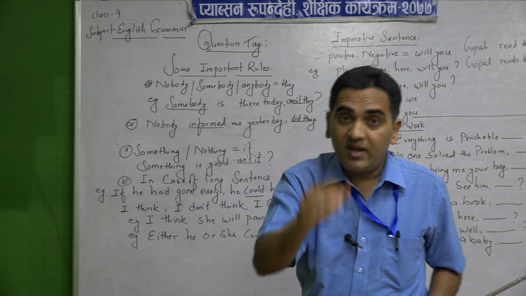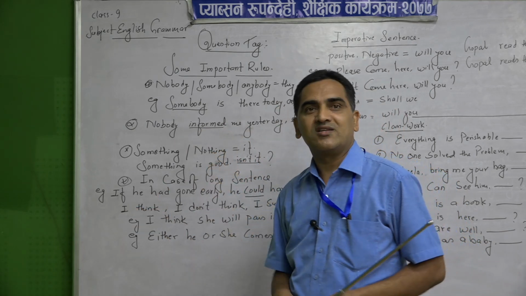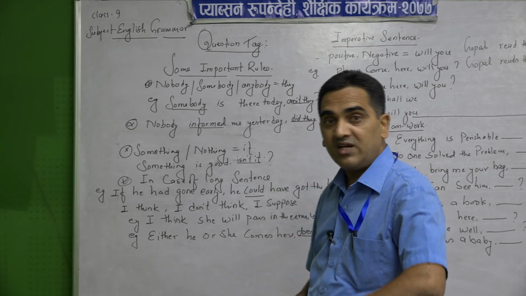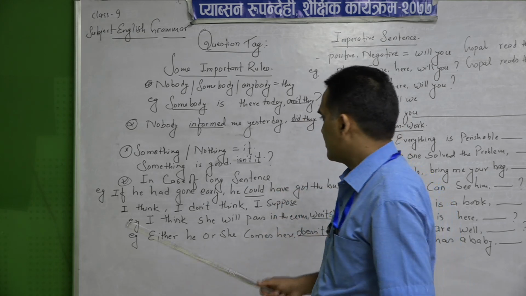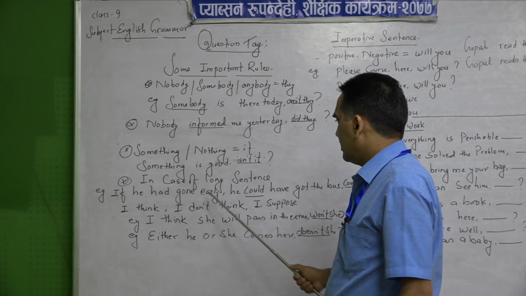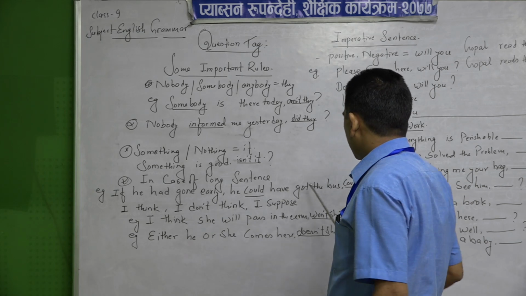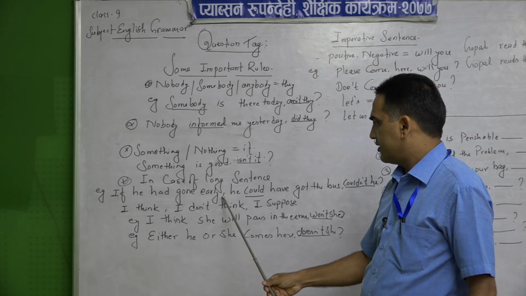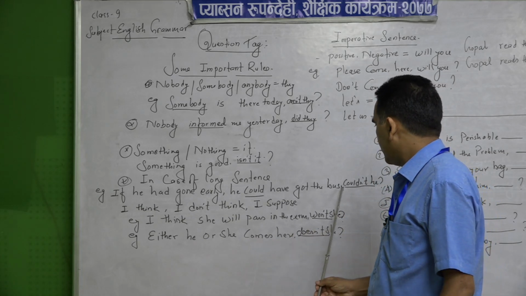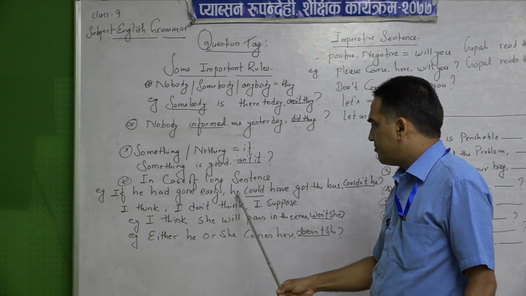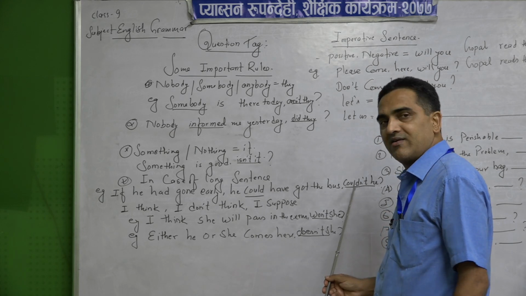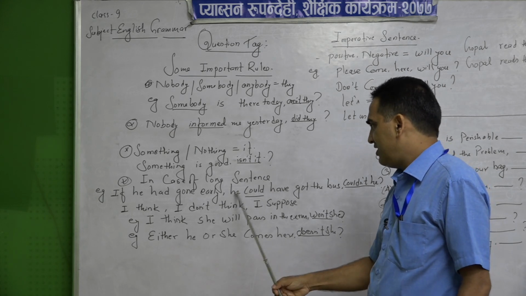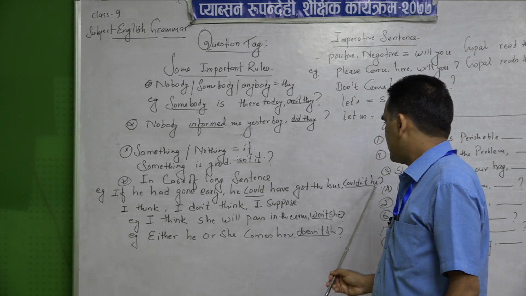The if clause is not the main clause; the main sentence completes the meaning of the if sentence, right? If he had gone early, he could have got the bus. If he had gone early, here is a comma, he could have got the bus. Couldn't he? According to the main sentence, we should write the question tag. There is the subject he and the main verb could, so couldn't he.